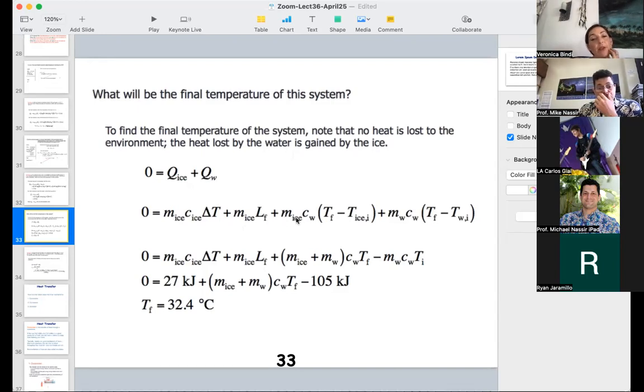And here we have the mass of the ice, C of the water, T final minus T of the ice, because we need to find the final temperature. What is this? This one is the mass of the ice that will go to a certain temperature, like this one, but once it has been melted.